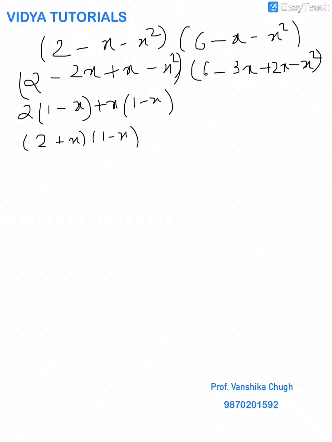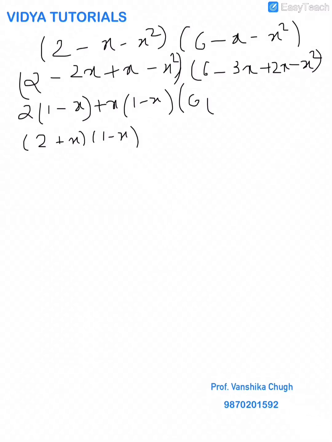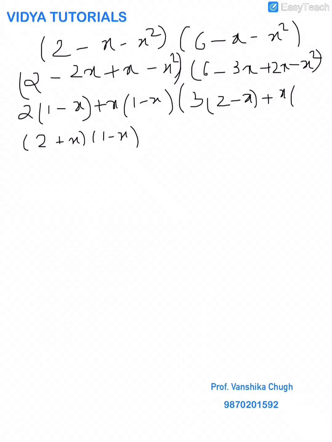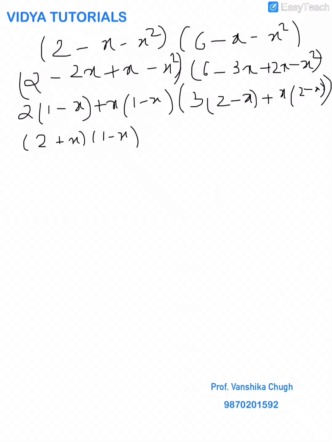Now from these two, I get 3 common, so I get 2 minus x, and here I can remove x common. So I get 2 minus x. Again my brackets are 2 minus x and 3 plus x. So this is my final answer.